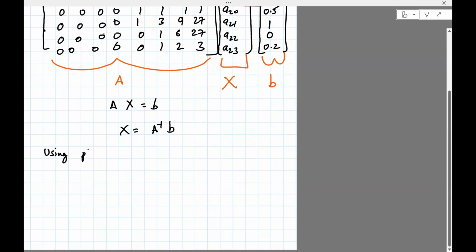I'm going to show you Python code, but this is what comes out. You don't want to invert this by hand. This is going to take some time.